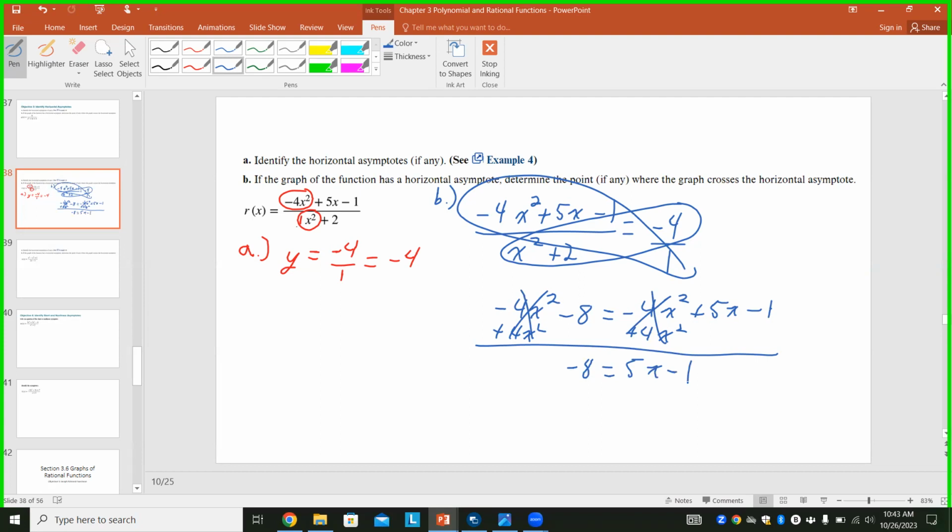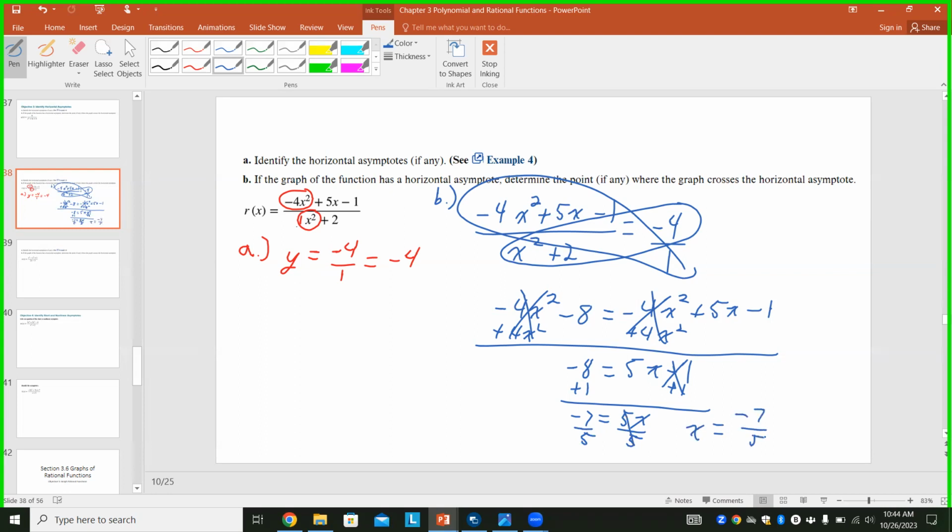So in this situation, what would I do instead of adding the 8? I would add the 1 to get x by itself. So I get -7 equals 5x. Then what would I do? Divide by 5, the number that's next to the x. So we see that x equals -7/5.